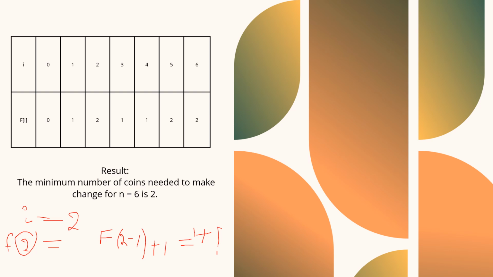Okay, we updated. Now let us take the next iteration, when the I value is equal to 3. Now we are tracing for the I value equal to 3. Here you should observe one thing.